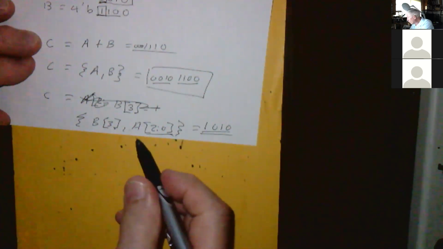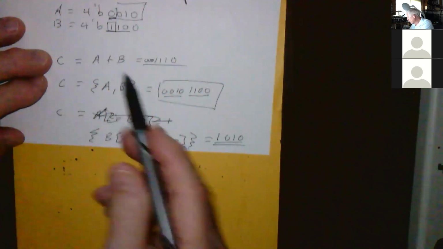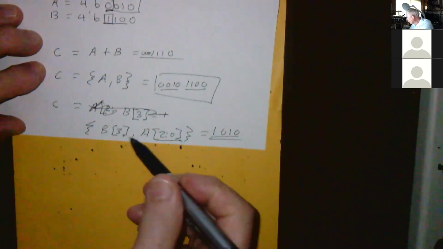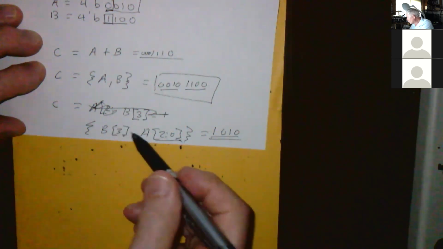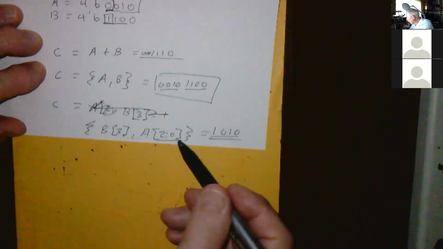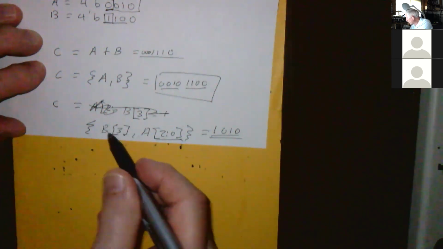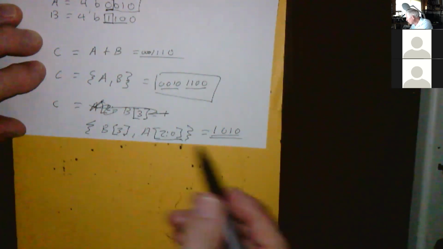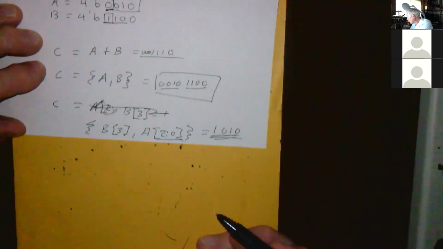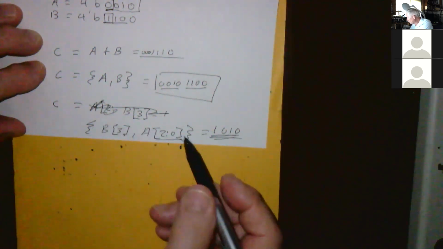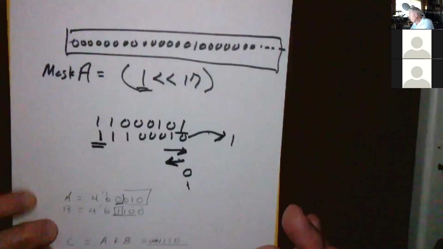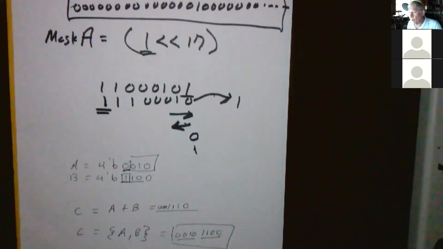So the concatenation operator allows you to take these vectors and do part select on the vectors, which is what we call it when we don't use the whole vector. We do a part select, and we concatenate a part select of B with a part select of A, and we generate a new 4-bit vector by doing that. This is extremely useful when you want to pull parts of one vector out of another and assign it to a third. So we will use that all the time.